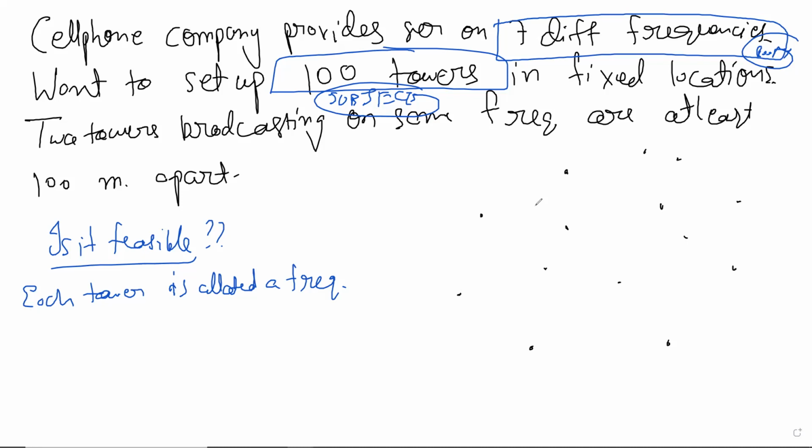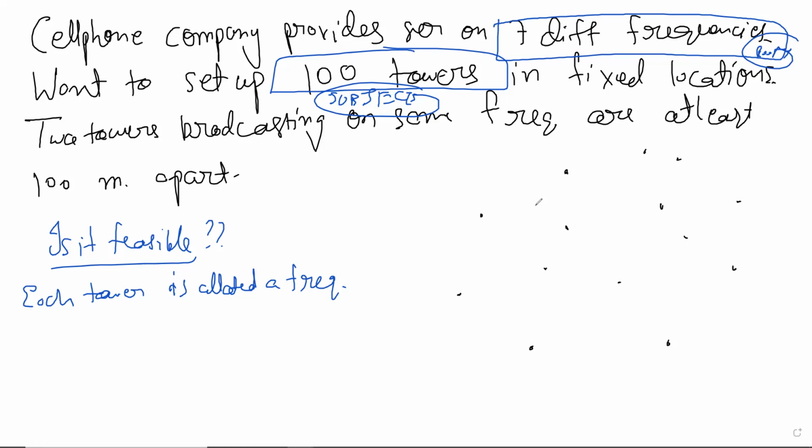Here, two subjects overlapping corresponds to two towers being less than 100 apart; they cannot use the same classroom, they cannot use the same frequency. It's the same question, just framed in a different way. That question we have seen, though we have not solved it completely. Those who have not seen it should also try this version. You can easily break this question down to that and then do it.